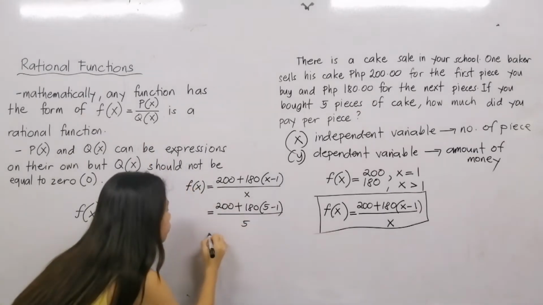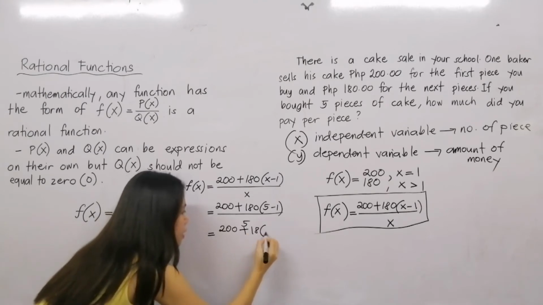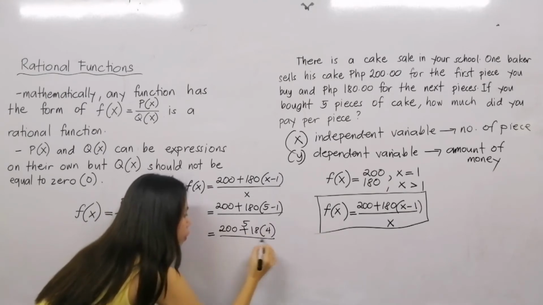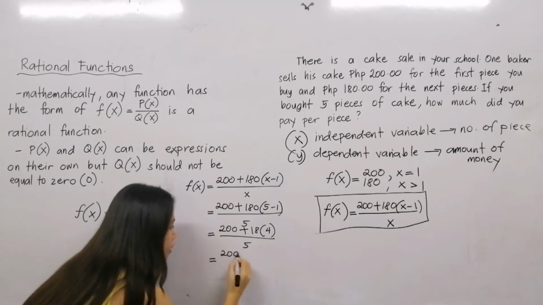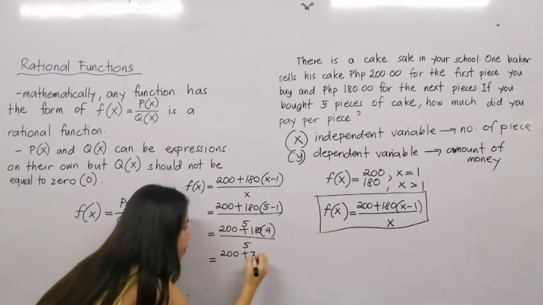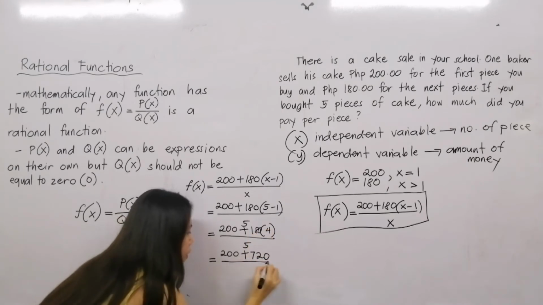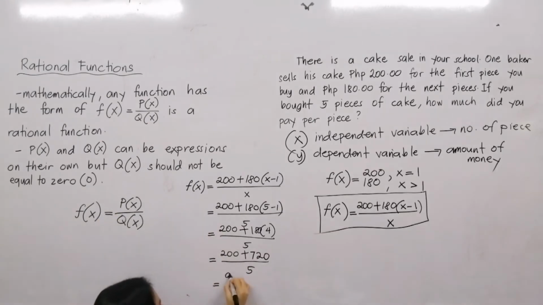We're gonna have 200 plus 180 multiplied to 4 over 5. This would give us 200 plus 180 times 4, which is 720, divided by 5. This would give us 920 divided by 5.